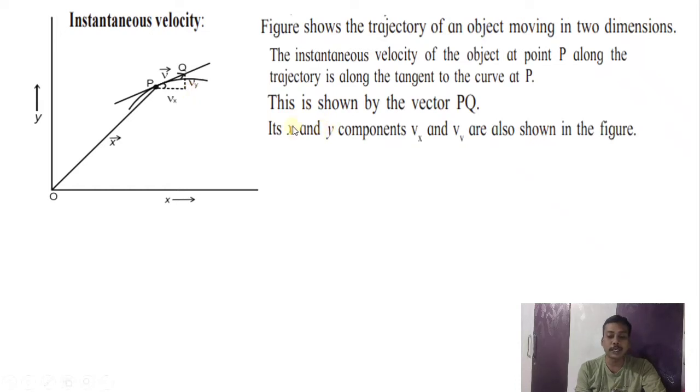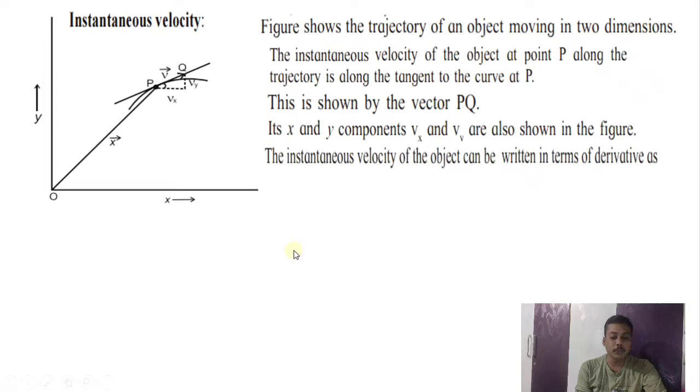That tangent shows the direction of the instantaneous velocity of the object. This velocity is shown by the vector PQ in the diagram.